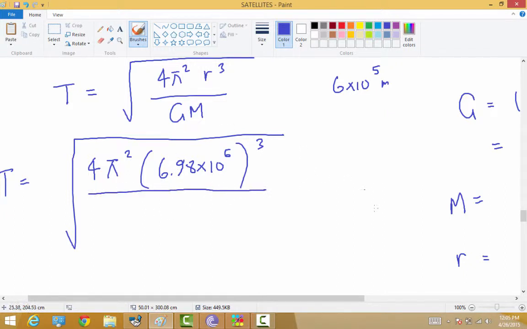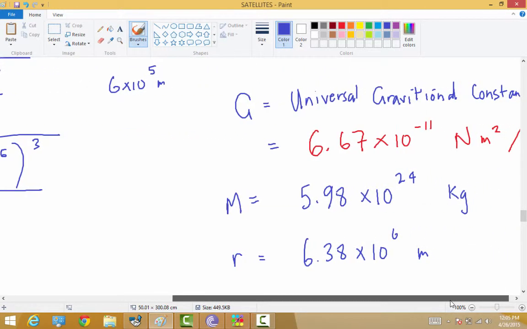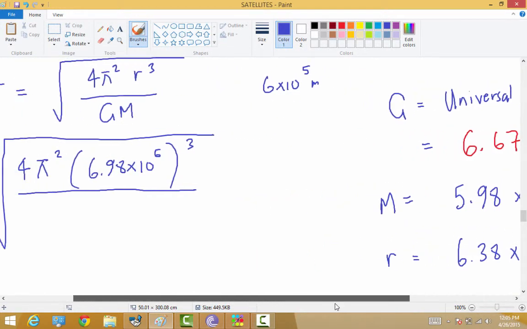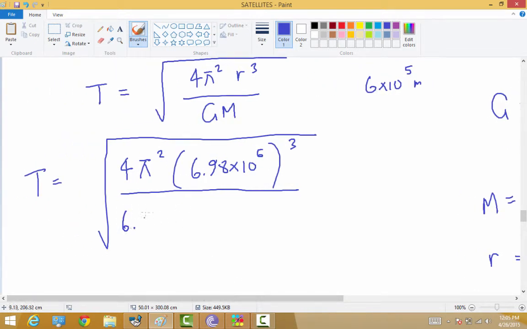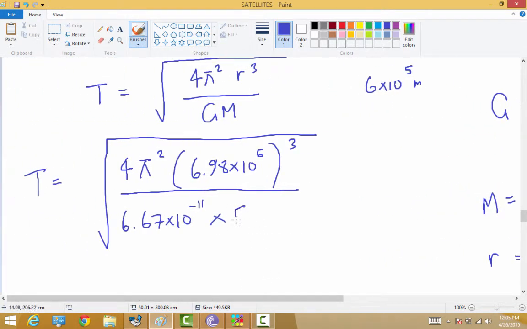And G is 6.67 times 10 to the negative 11, mass of the Earth is 5.98 times 10 to the 24. Before I put that in the calculator, I'll do some cancelling.